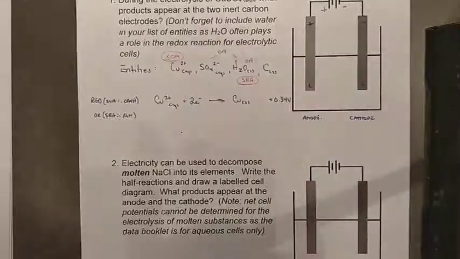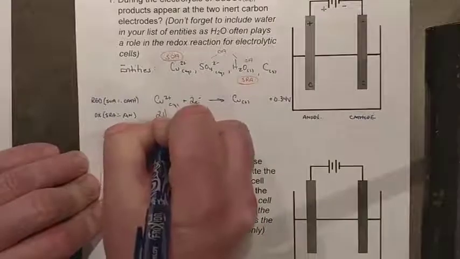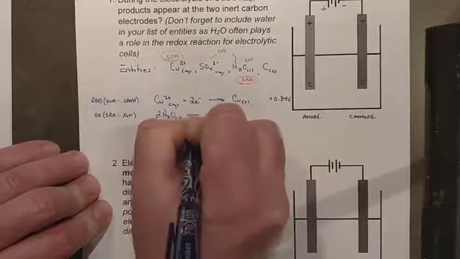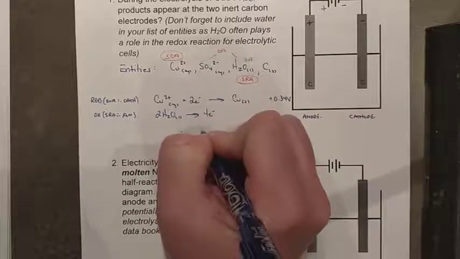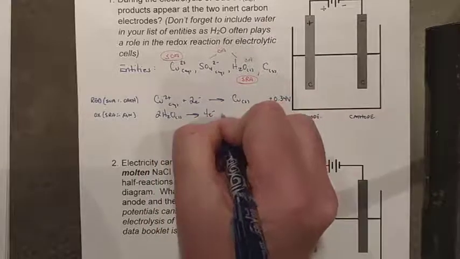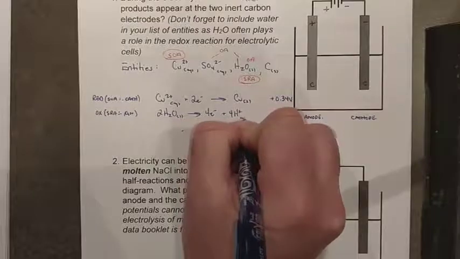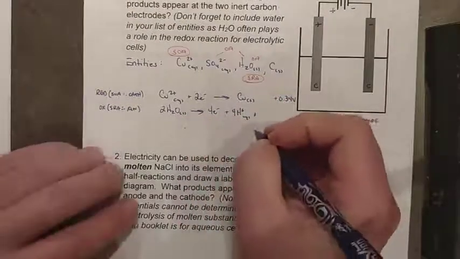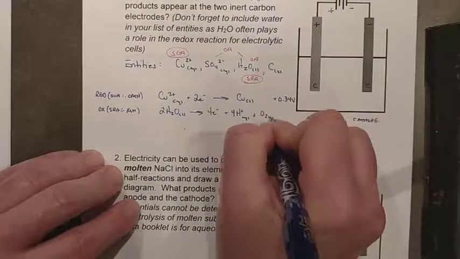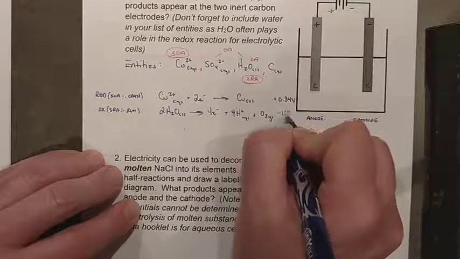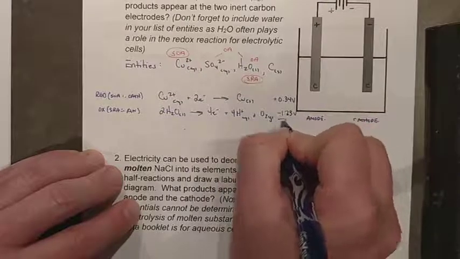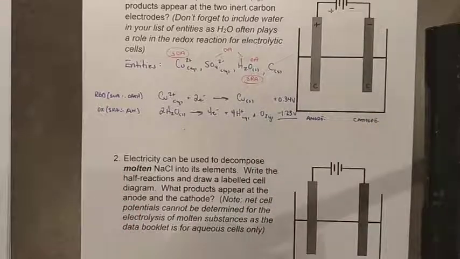So we can write that one out where we have 2 H2O liquid giving up 4 electrons, 4 hydrogens, and 1 oxygen. Kind of ran myself out of room here, sorry guys, but that'll be a negative 1.23 volts when we take a look at this one.